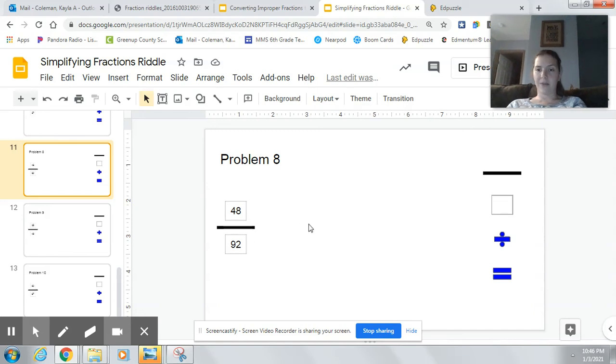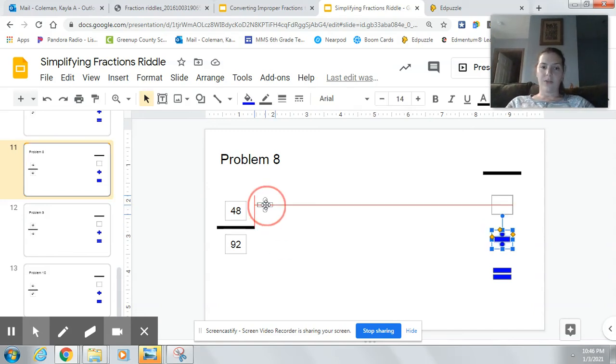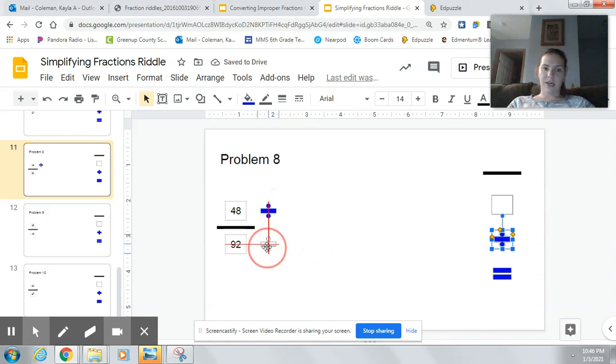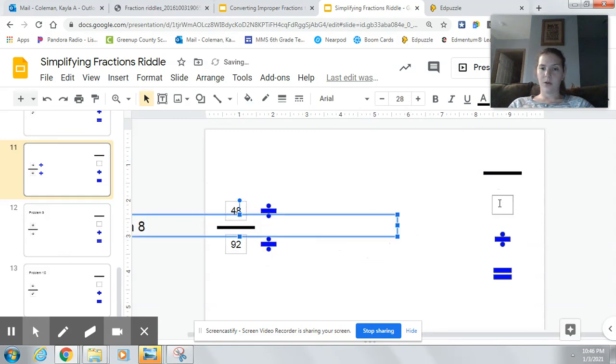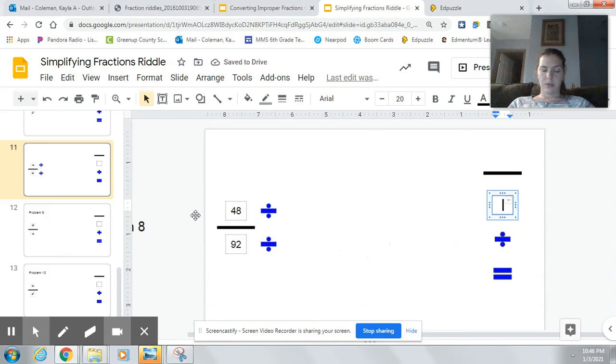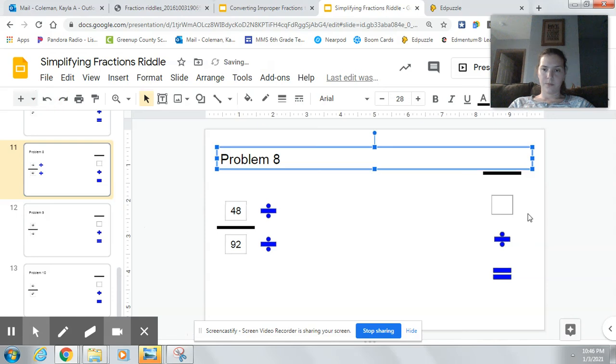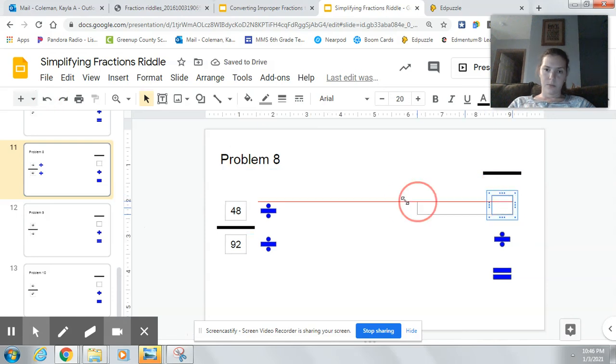So 48 divided by 2, you would have to work that out. I don't have any long division slides on here. You can work those long division problems out on paper. But we are dividing both of them by 2.